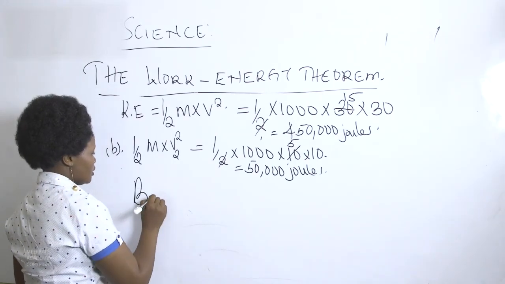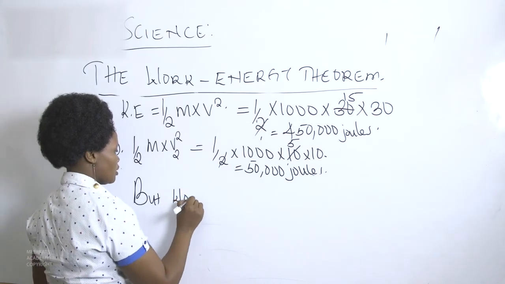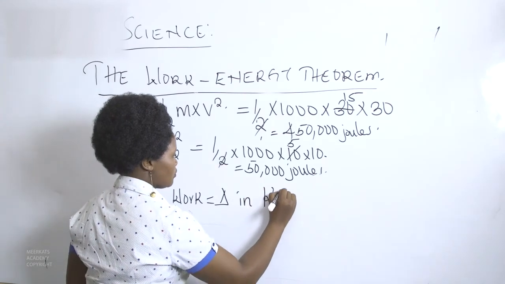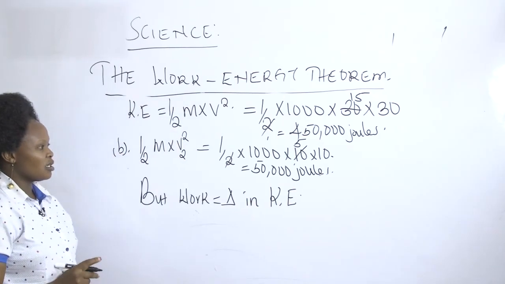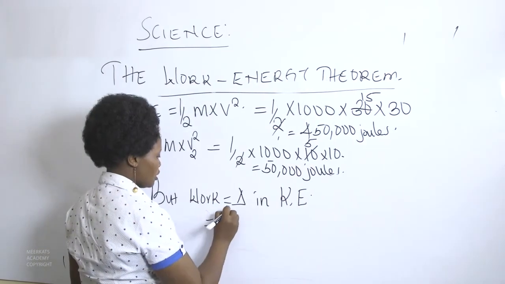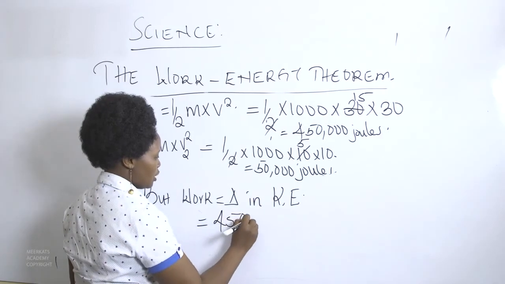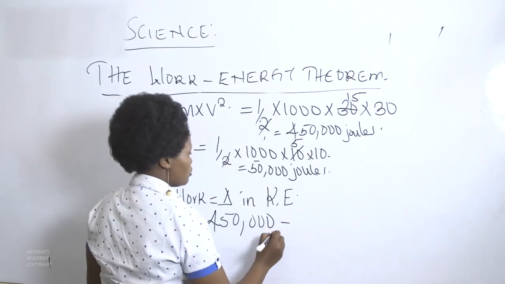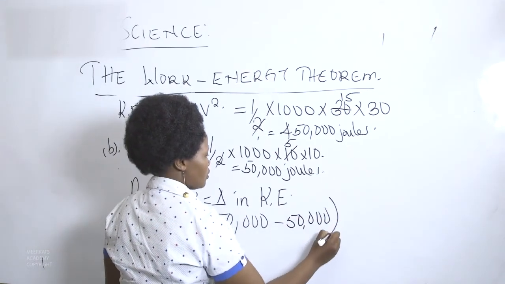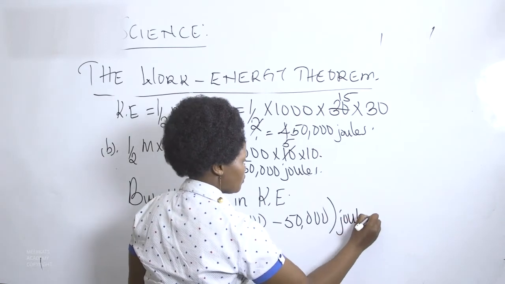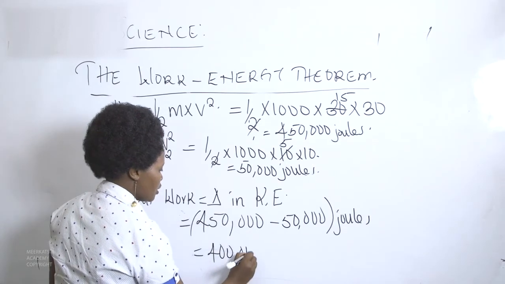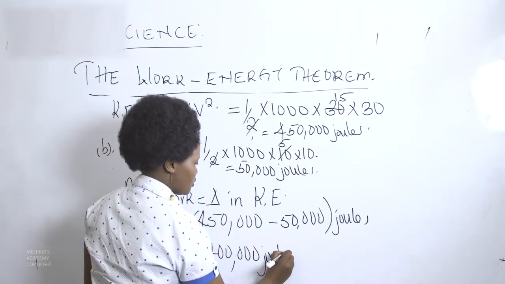Work is equal to change in kinetic energy, and that will be given by 450,000 minus 50,000 joules, which gives us 400,000 joules.